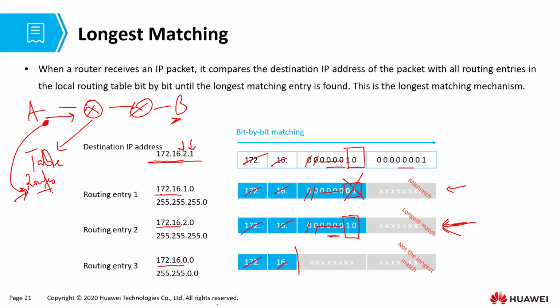So the longest matching is basically used to decide, if we have multiple routes that match the destination network, which of those routes will we choose? We choose the route with the longest matching.